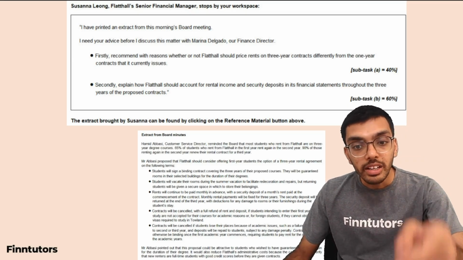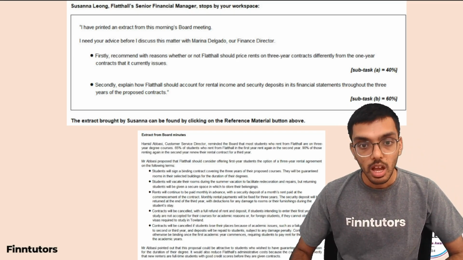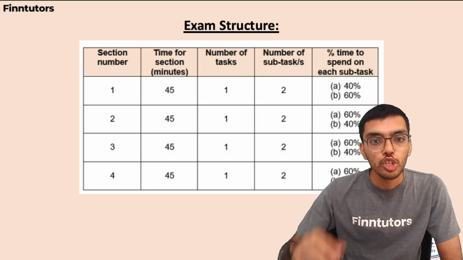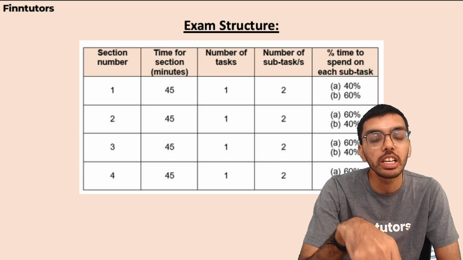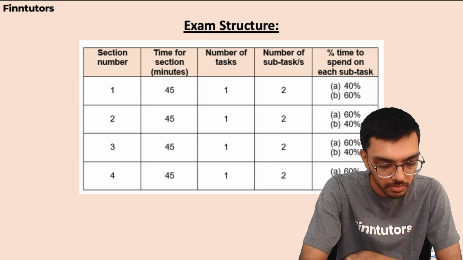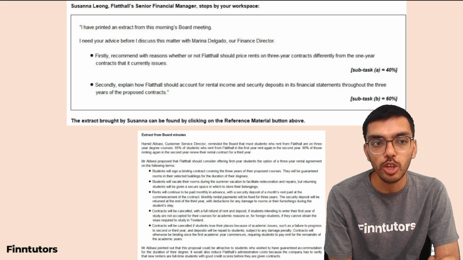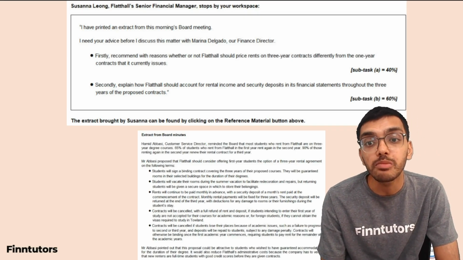So 100 marks is your total exam. And we know that there are 4 questions. So 100 divided by 4, each question is worth 25 marks. So this entire question number 1 that you see on your screen is worth 25 marks.